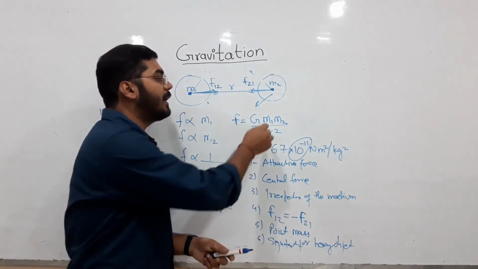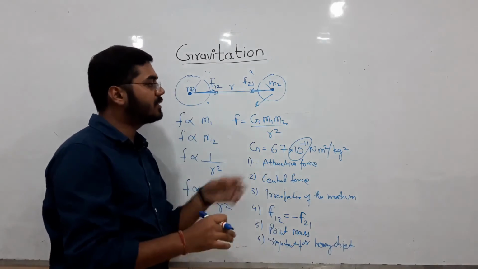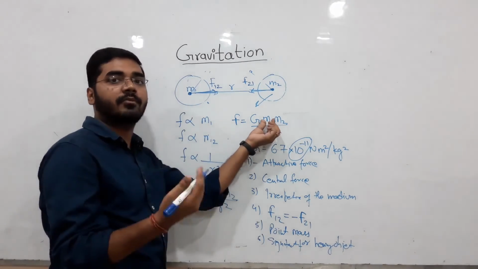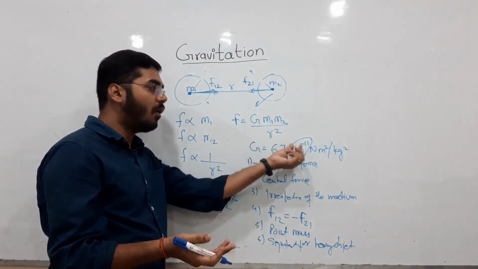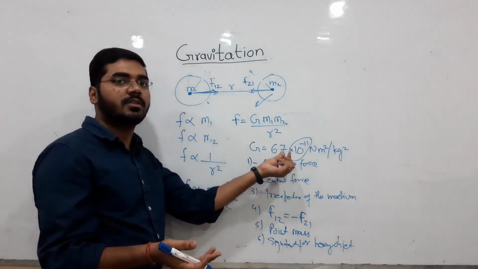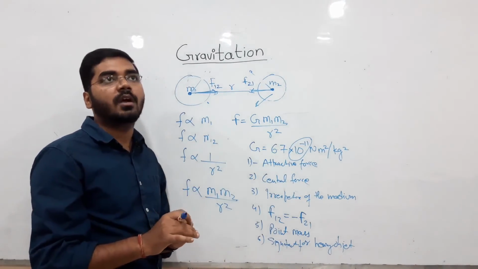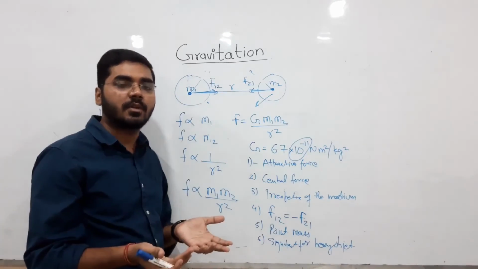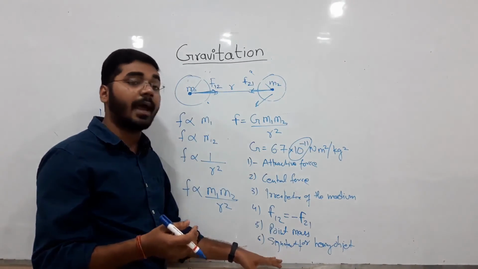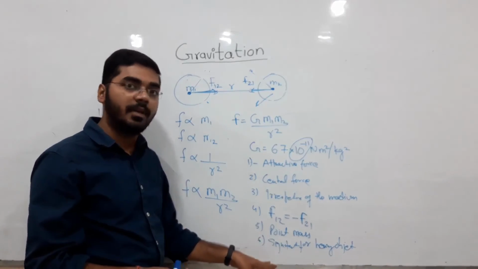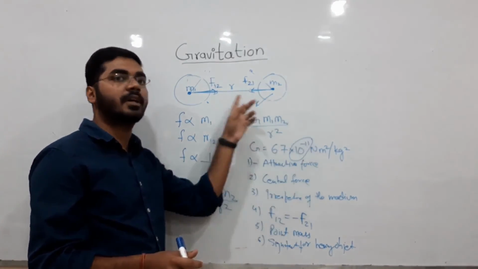If we multiply it by masses m1 and m2 of the order of 10 to the power 3 or 10 to the power 4, the result will always come in small decimals. You can calculate this force for the sake of calculation, but it will not give you any significant result. So it is only significant for heavy objects. If the objects are extremely heavy, then you will get a significant force here.